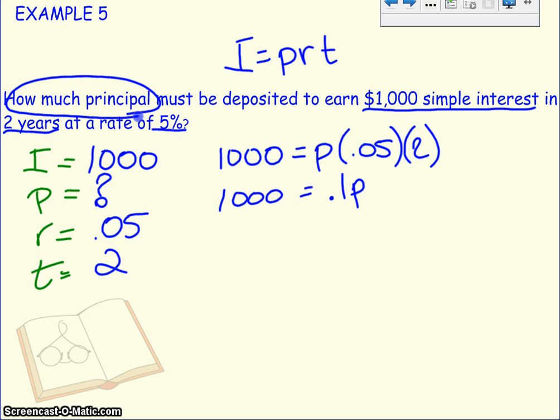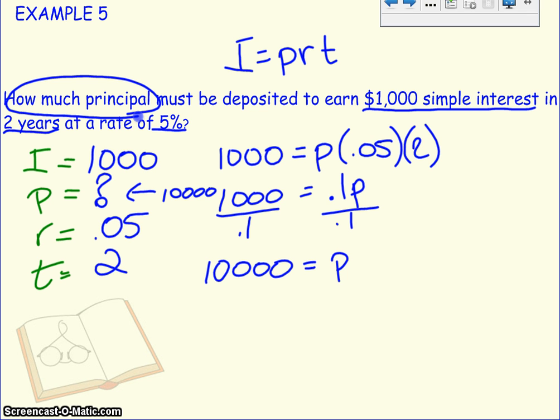And I'll divide both sides by 0.1, which simply moves the decimal over 1 to the right, and principal equals $10,000. So it's going to take $10,000 at 5% for 2 years to earn $1,000 in interest.